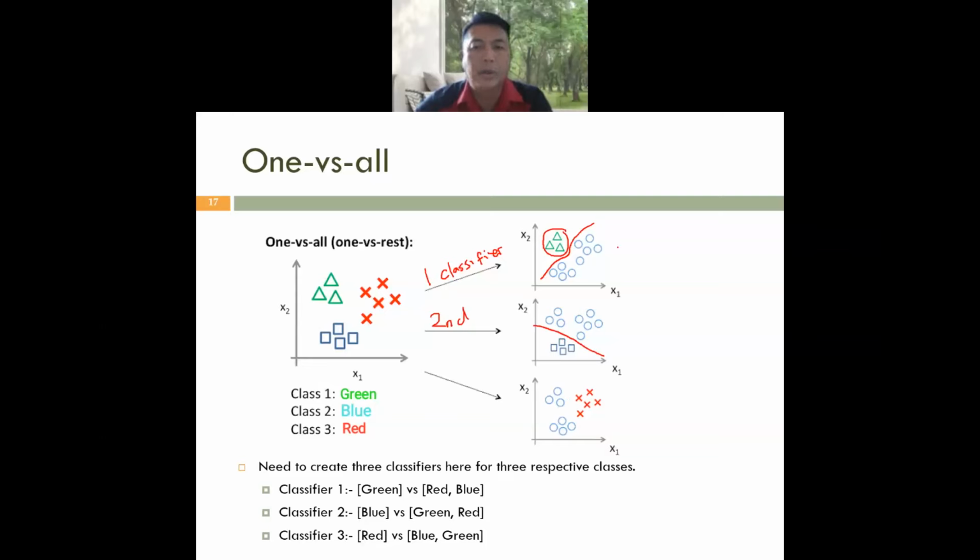Looking at the diagram, we know that this is binary classification, but here we are looking for the green triangle classifier, the second one is the rectangular blue classifier, and the last one is the red X classifier. So we need to create three classifiers for the three respective classes.